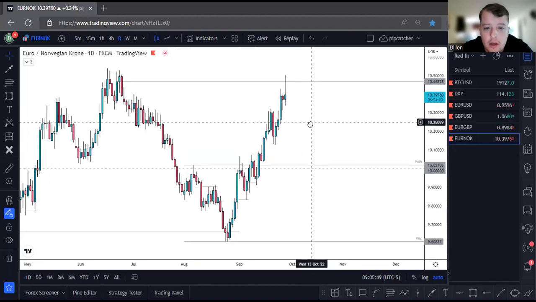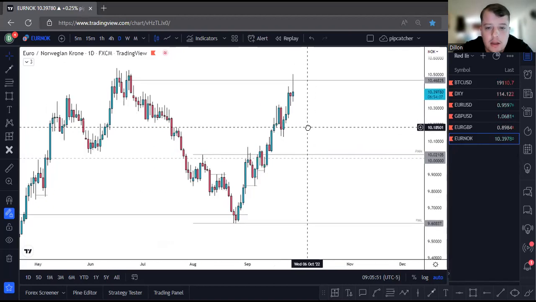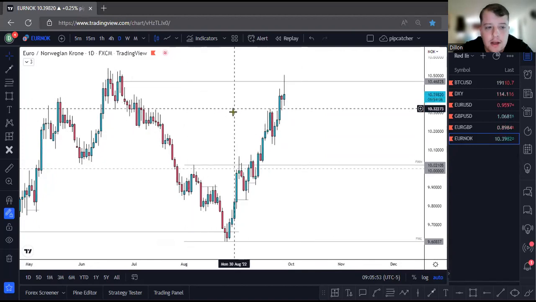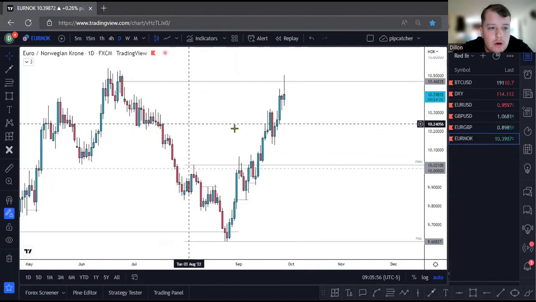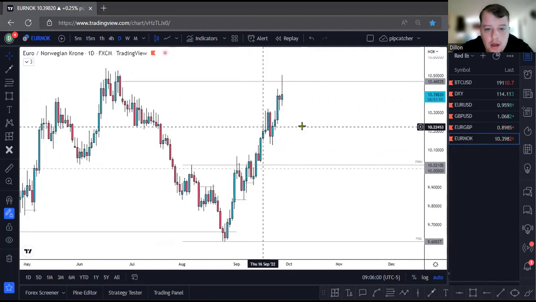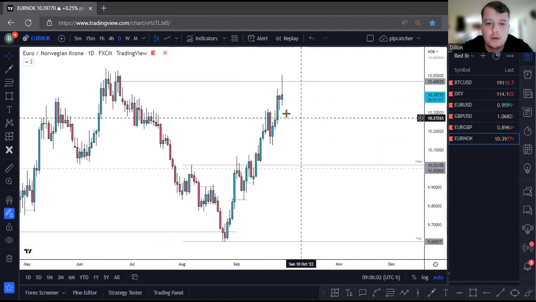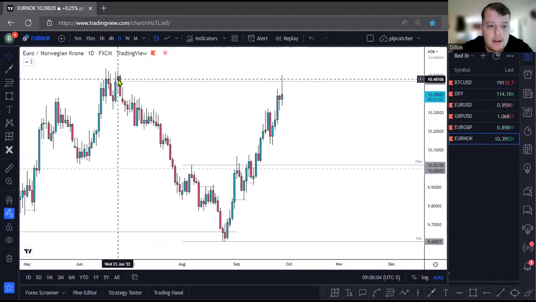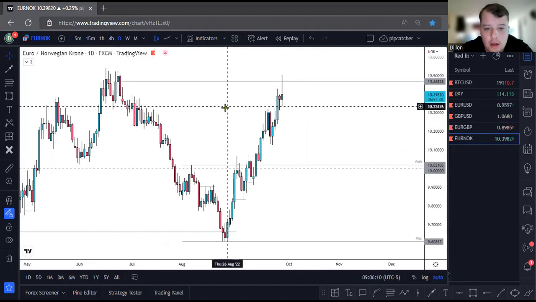We're going to do a quick recap of yesterday's stream, this setup that I was looking at on Euro NOK, the Norwegian krone here. So if you were on the live stream yesterday, you remember that I was waiting for price to get up into this supply area, this bearish order block here.